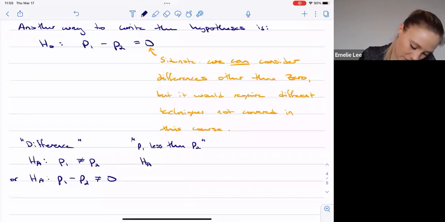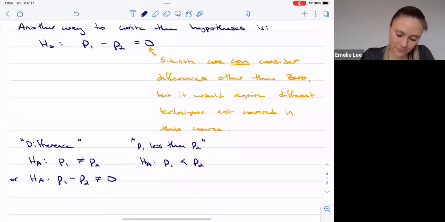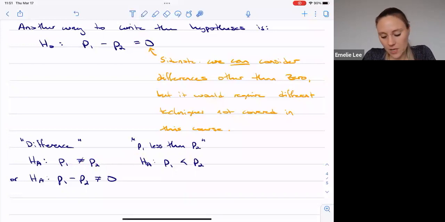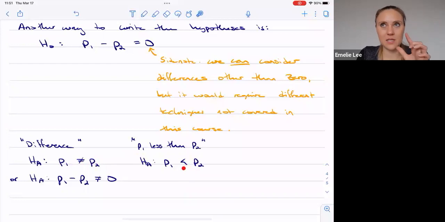So then my alternative is that P1 is less than P2. The equality is taken care of in the null hypothesis. Sometimes I'll mention this here, but it's not something I'm gonna harp on too much. If you have less than here, then the null hypothesis is really greater than or equal to, but I just stick with equal to.